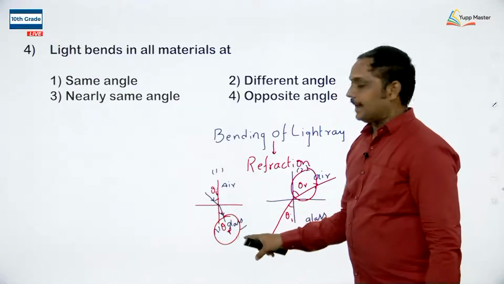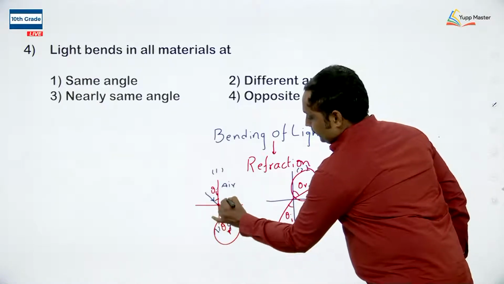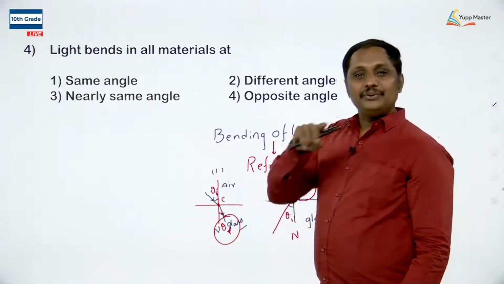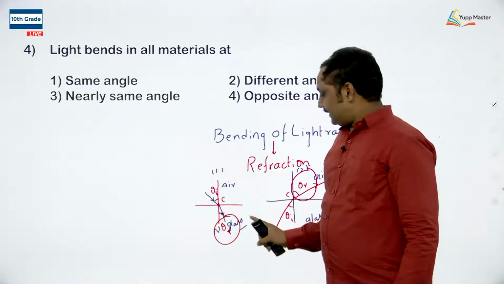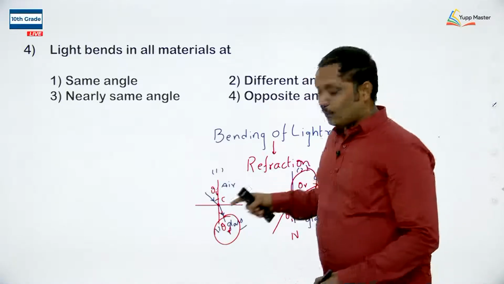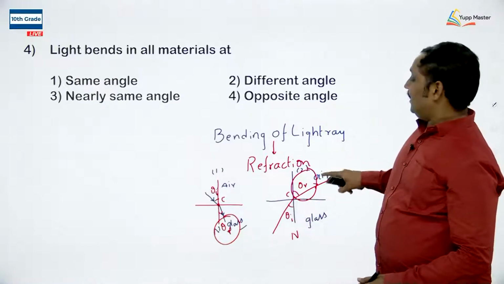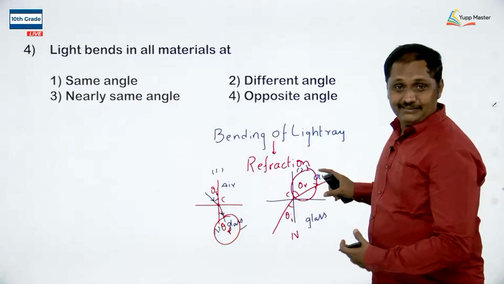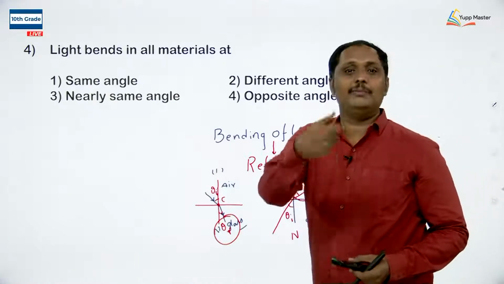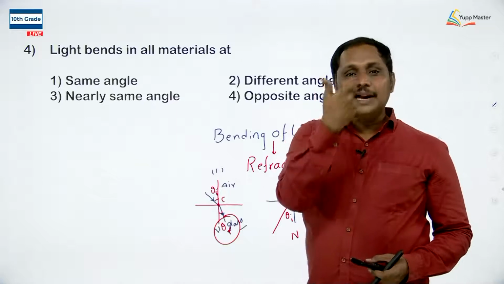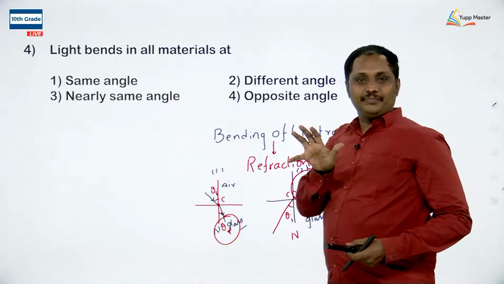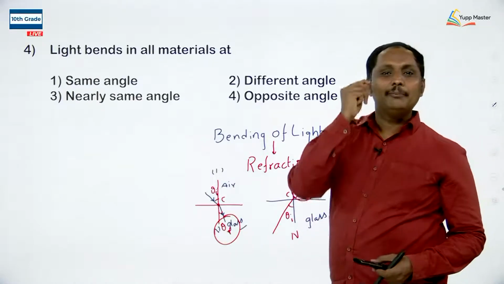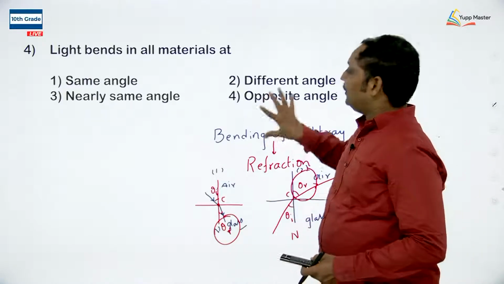At the point of contact on the transparent surface, you check whether the light ray is moving towards the normal or away from the normal. The bending can be related to the angle of refraction. So, here small, here large. It is a very simple and important topic.